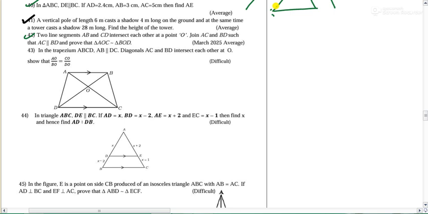Yes, can you try the figure? Have you drawn it? You can show me the figure if you have drawn it. Question number 42. No one trying? Yes, anyone who has tried this? Okay. Anyone else?